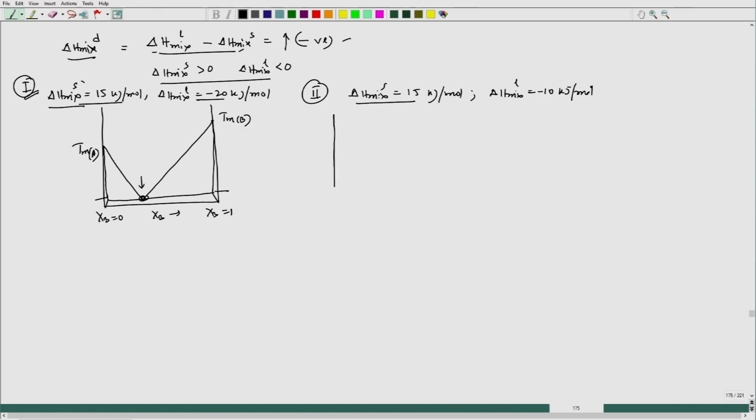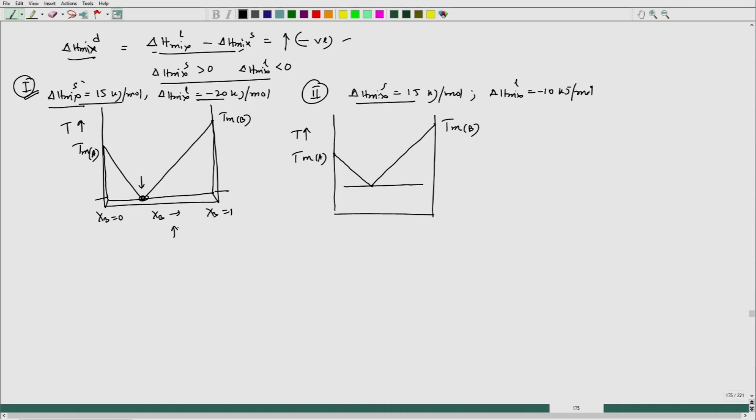So, if I try to see the phase diagram, let us say this is temperature, this is T m A, this is T m B, this point will shift upward. Okay. We have eutectic, definitely.